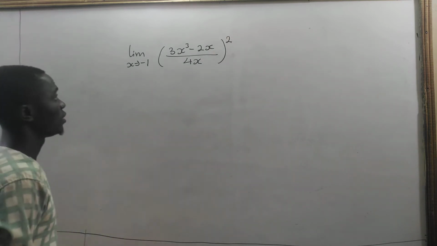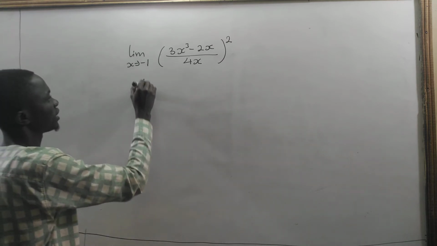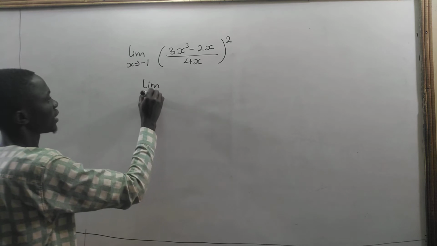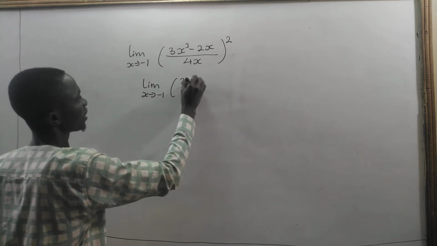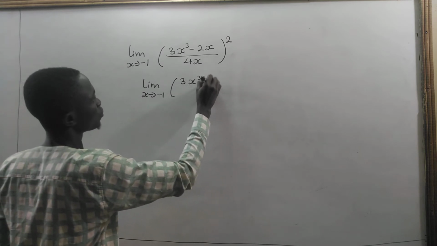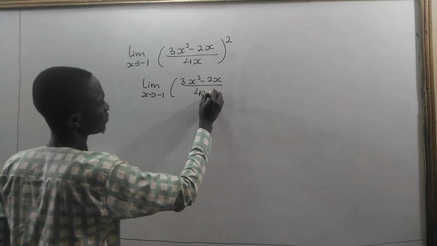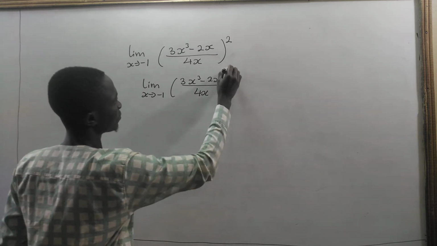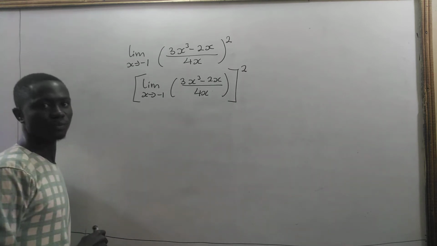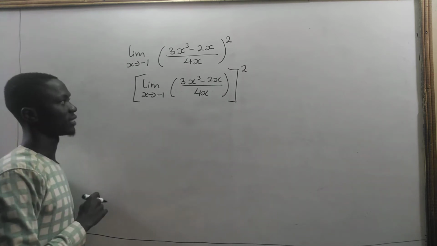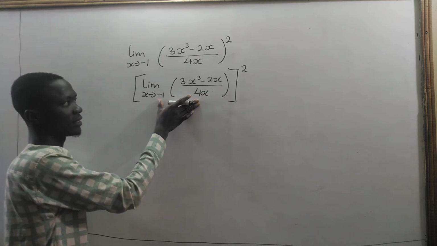So here, from the laws of limits, what do we do? We take the limit as x approaches -1 of 3x cubed minus 2x divided by 4x all squared. Very simple as that. And here we evaluate what is inside.